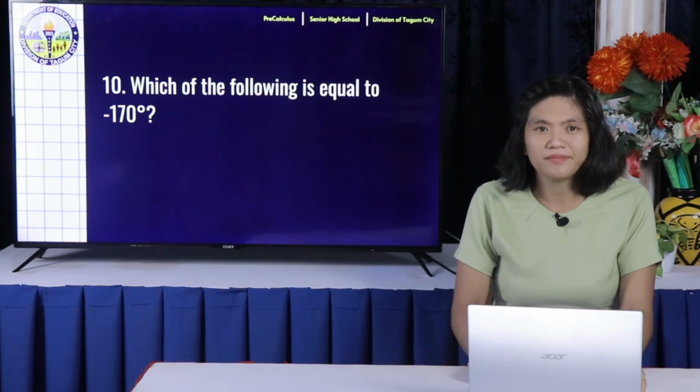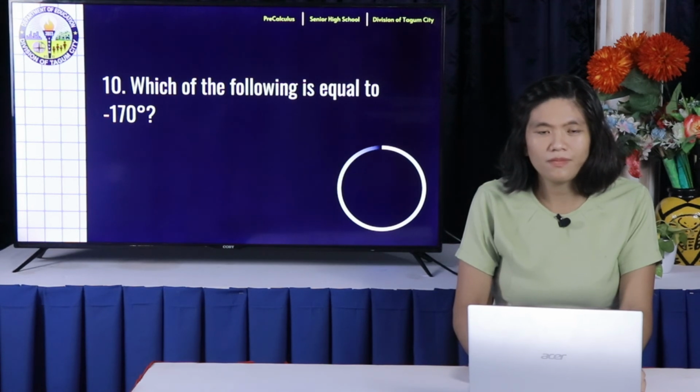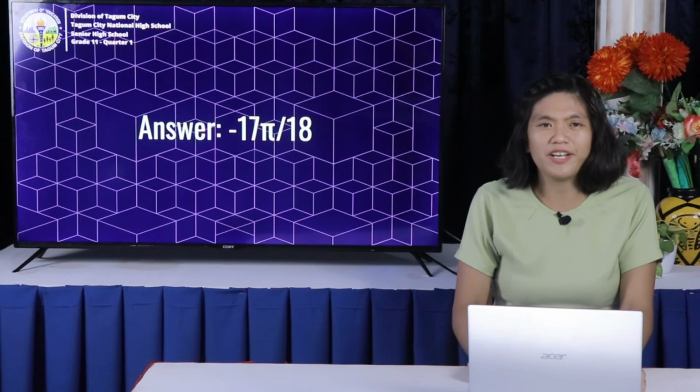Number 10. What is negative 170 degrees in radians? Time is up. The correct answer is negative 17 pi over 18 radians.